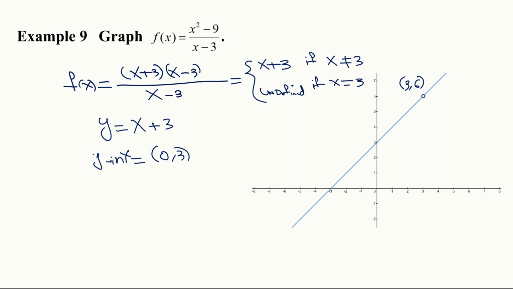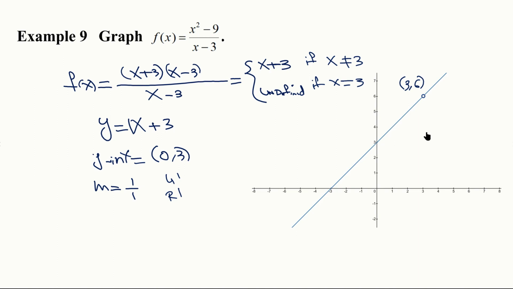Remember, y equals mx plus b, and the slope is the coefficient of the x term, so it's just 1 over 1. So you can just go right 1 and up 1 and then right 1, okay, to get to another point. So you go up 1, right 1, get another point.